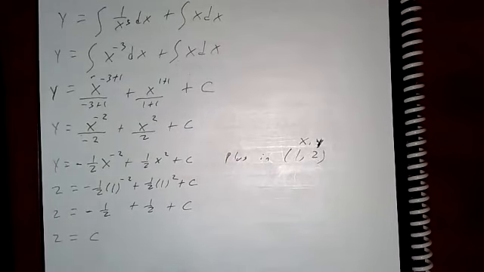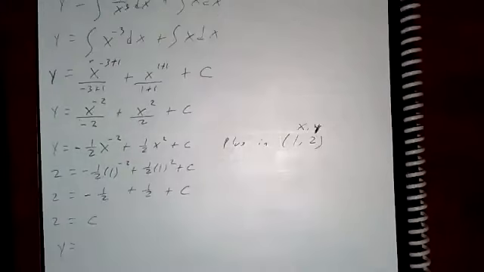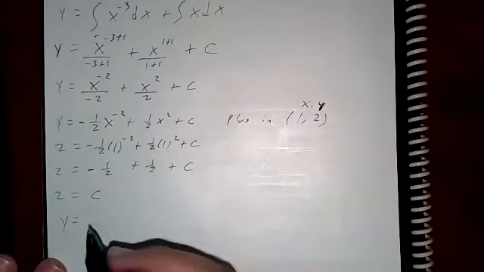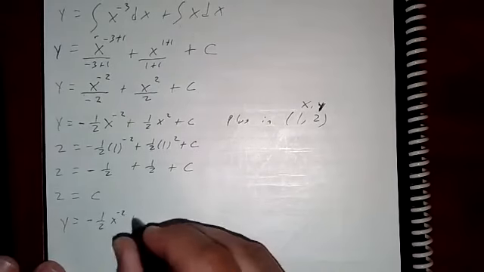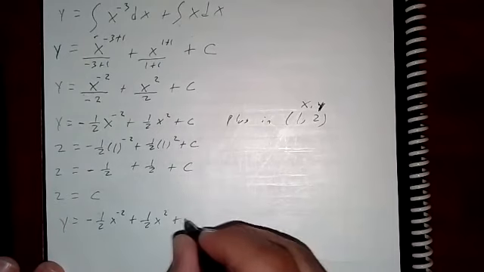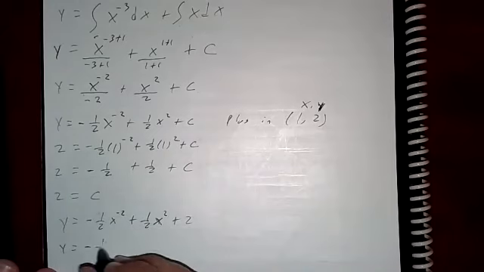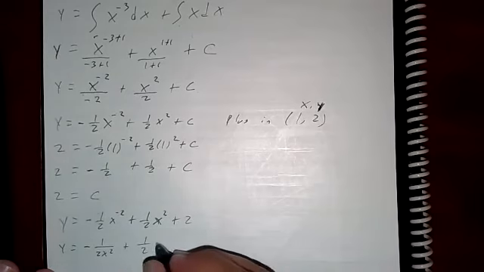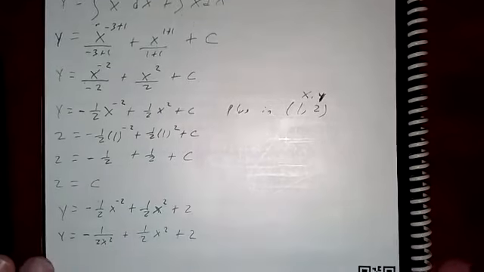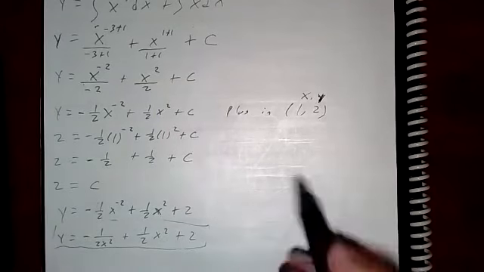Now our final answer is this with the c. This is what it means to solve the initial value problem. You give them y equals -1/2 x to the -2 plus 1/2 x squared plus 2. You can go one step further and make this a positive power, but that's as pretty as it's going to get, really. Either of these would be fine with me.